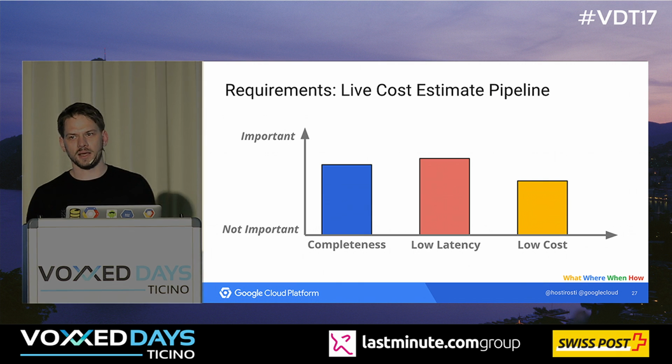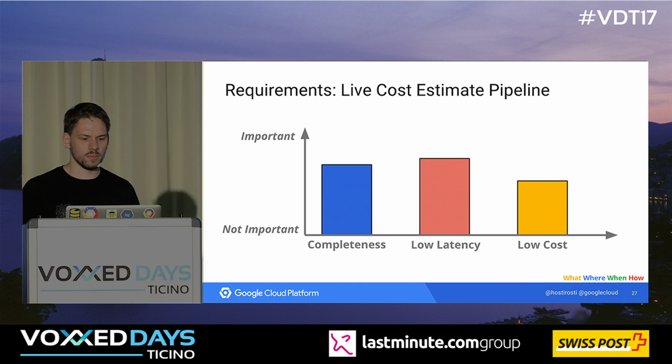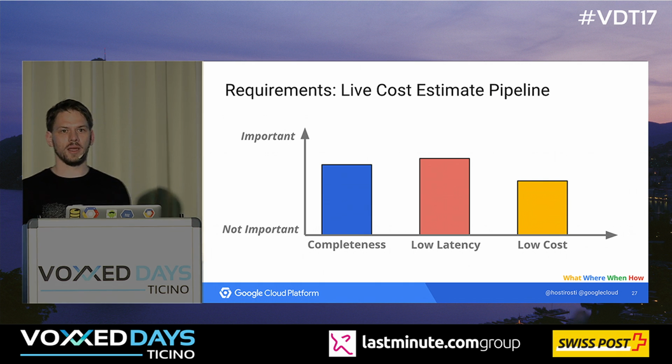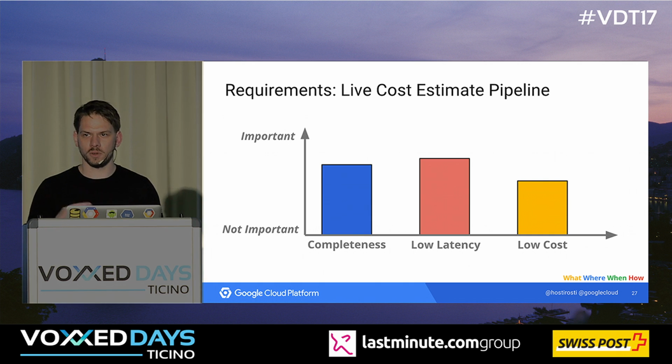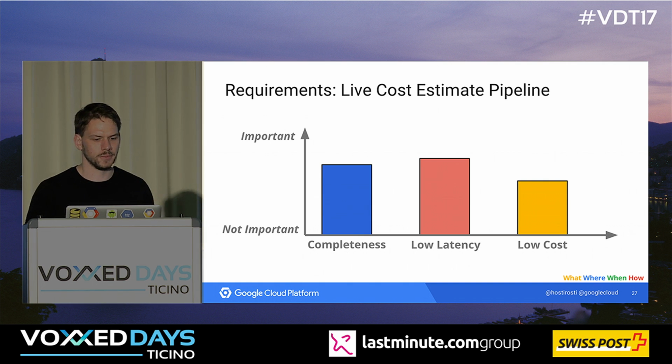But if it's 950 versus 1,000, that's not a big difference. But you want to be somewhat correct. You want to have low latency, so the trajectory should show pretty close to when you accrue the costs, so the person actually sees the trajectory. And you want to have low cost in the sense that you don't want to invest too much money into the pipeline. It shouldn't eat into your margin all the way.